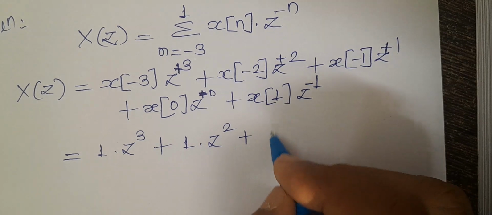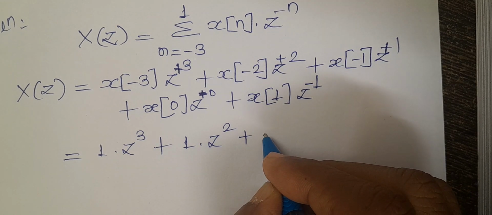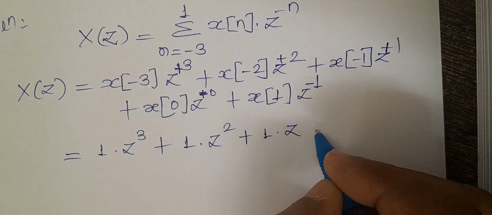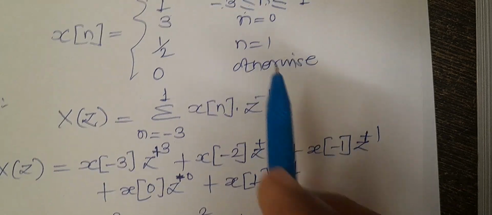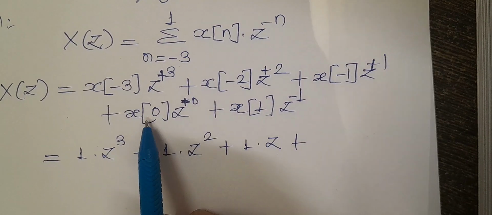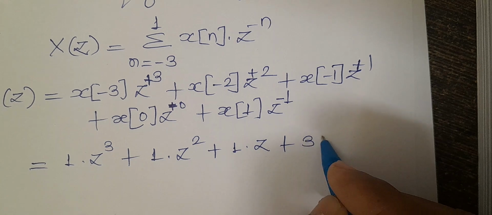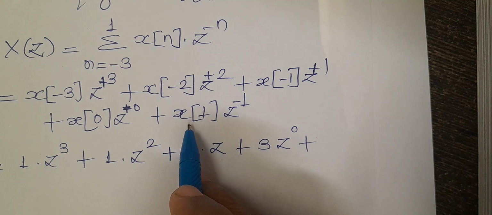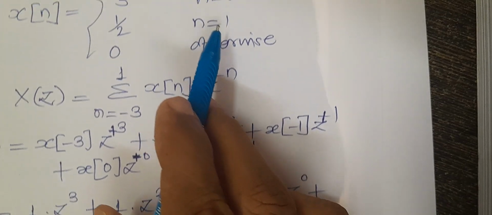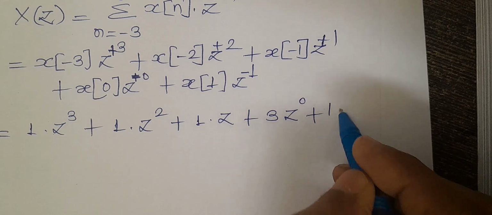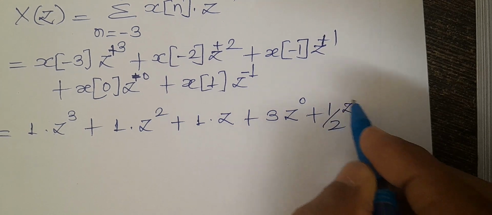plus 1 into z, plus what is x of 0? When you put 0, the value is 3, so x of 0 is 3, z raised to power 0 is 1, plus x of 1 is half, so it is half into z raised to power minus 1.